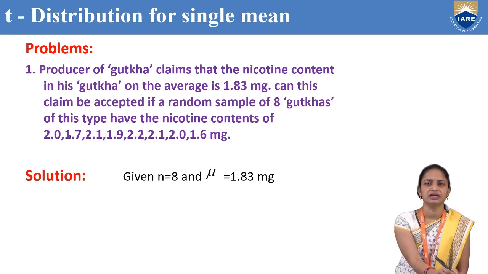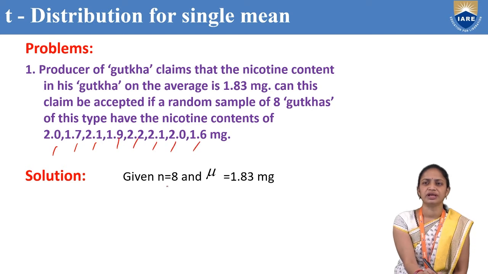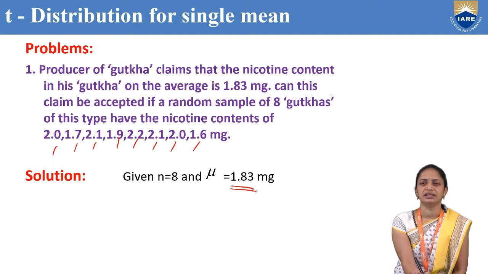So given n equal to 1, 2, 3, 4, 5, 6, 7, 8. So n equal to 8 and mu equal to 1.83 mg.